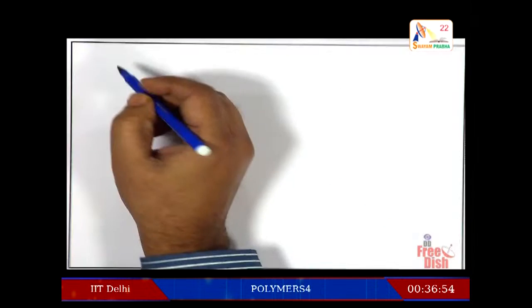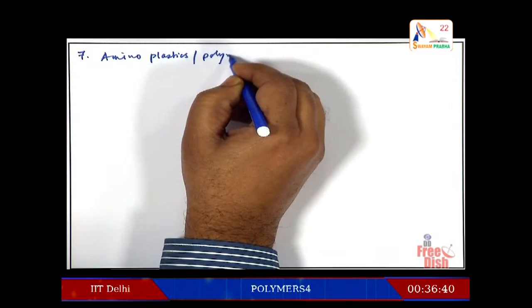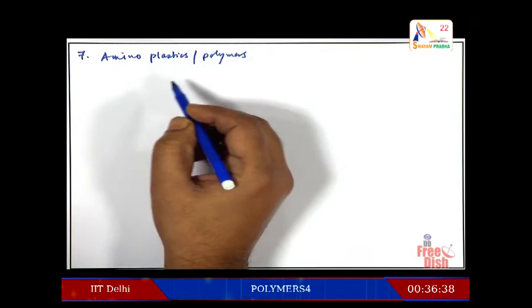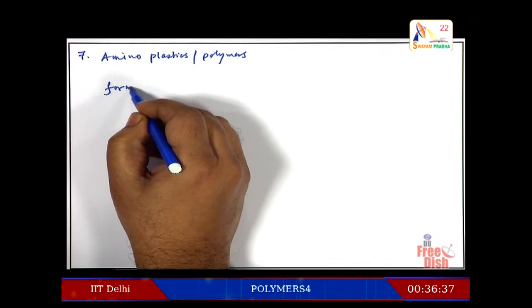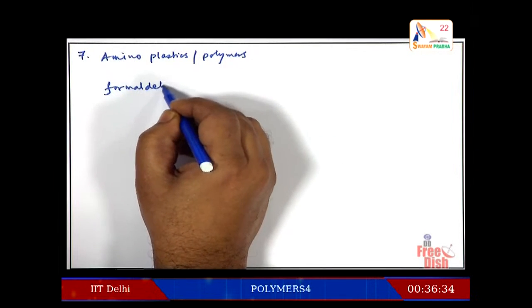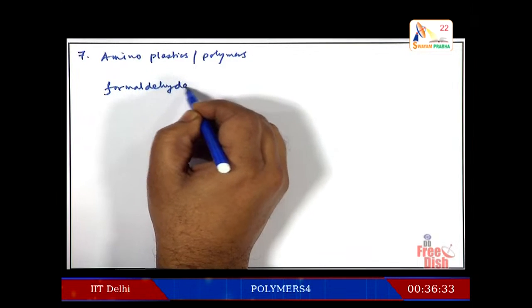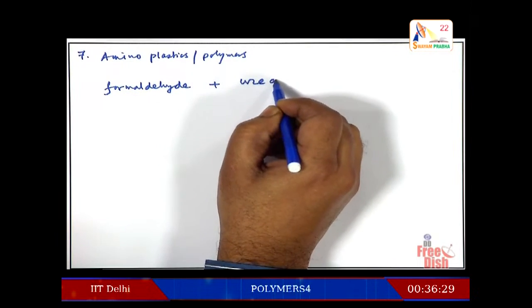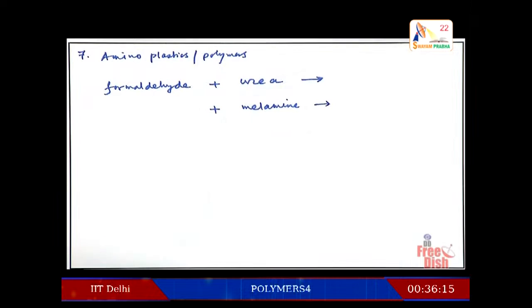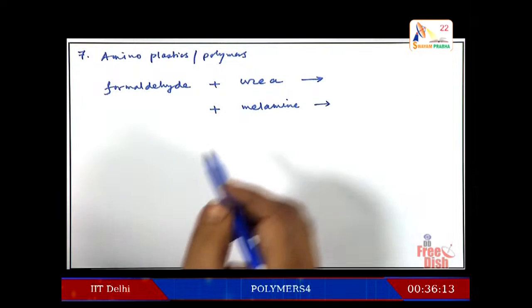Now, quickly move to the next one. In this case, we have formaldehyde with either urea or melamine utensils.